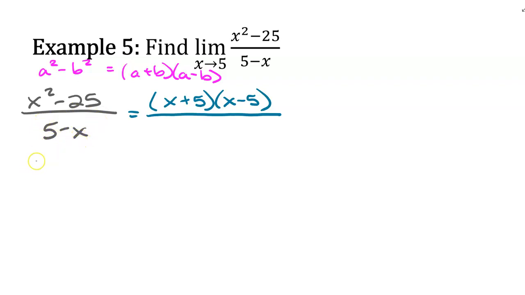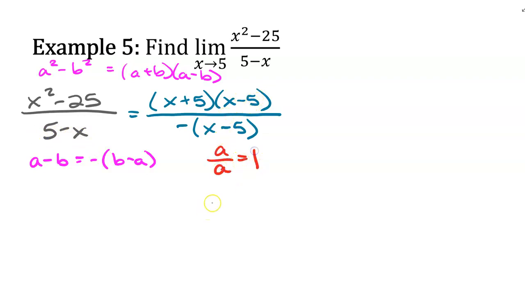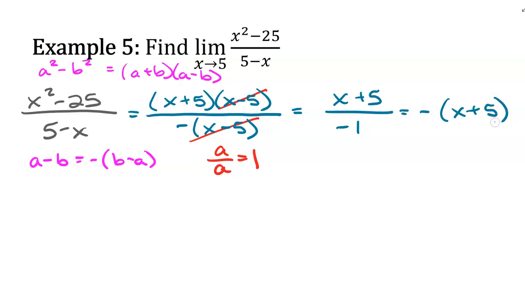But I can switch this around using this lovely technique of factoring by -1 and then flipping it, and it is mathematically the same. So negative, and then x minus 5 will be the same thing as 5 minus x, mathematically speaking. And then we say, well, anything over itself is 1. So x minus 5 will cancel x minus 5, which will leave us with x plus 5 on top and -1, which is negative x plus 5.